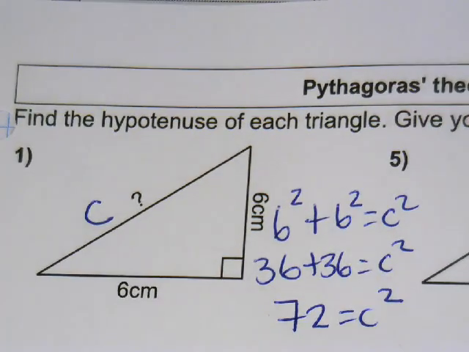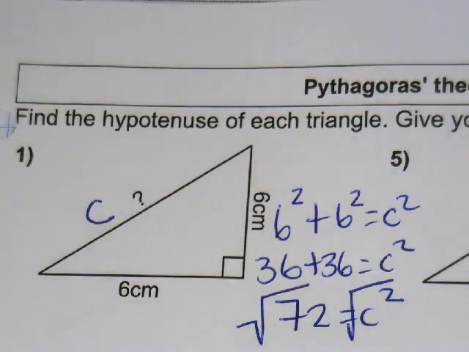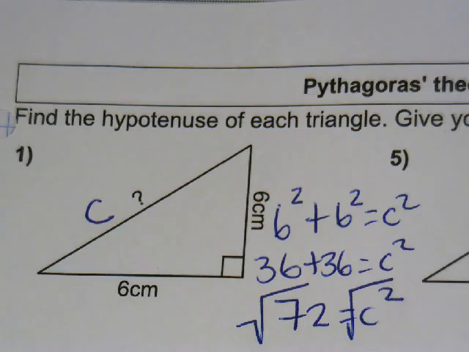Okay, are we done? Nope. What's your last step? Find the square root again. So we're going to take the square root of 72. So I'm going to open up my calculator, clear it. First type in the square root symbol, then 72 equals. I get this really large number, right?